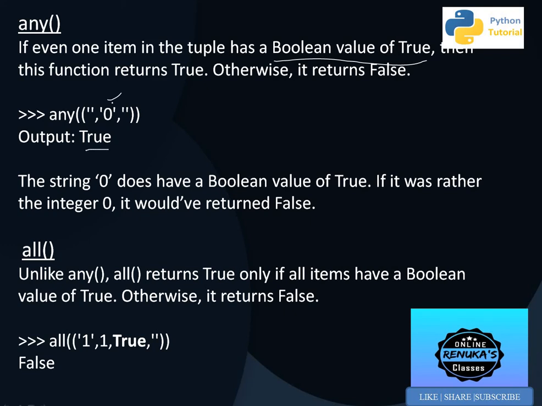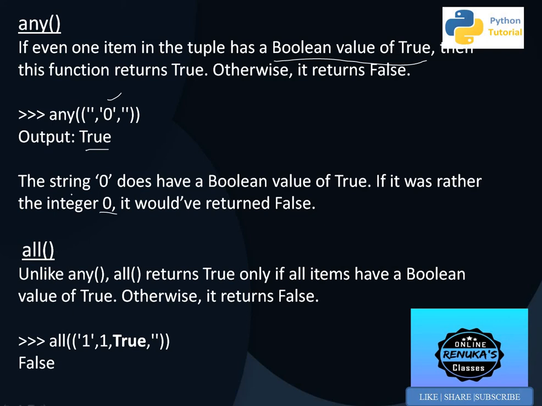If any one value of the tuple is true, the result is true. In quotes, 0 is considered true. If it is simply written as 0, it is an integer and not considered a boolean true value, so the result will be false.